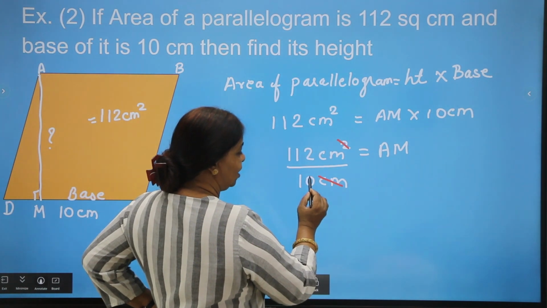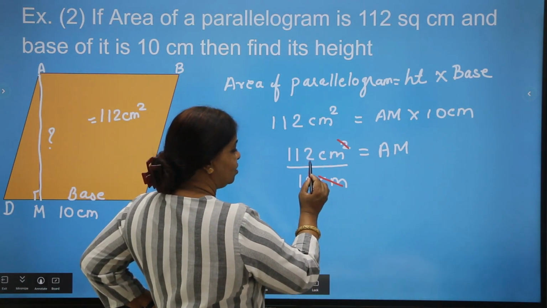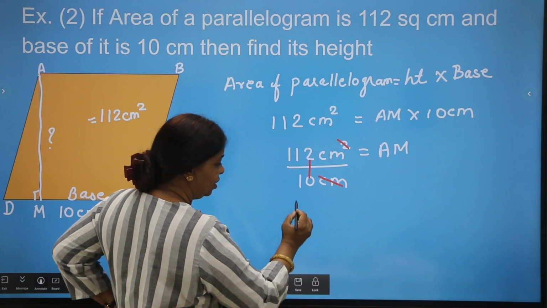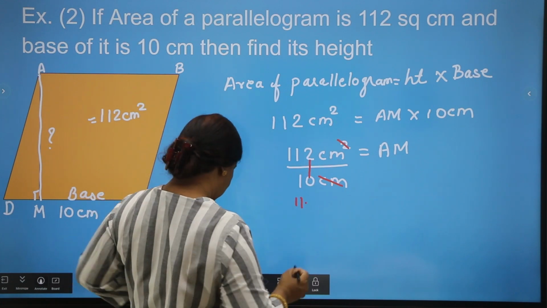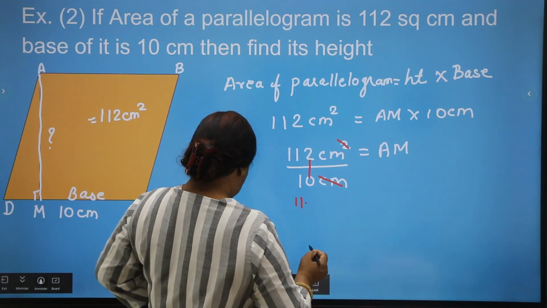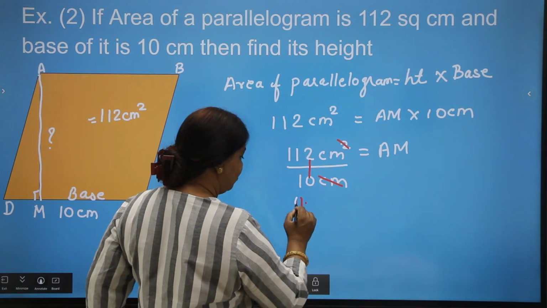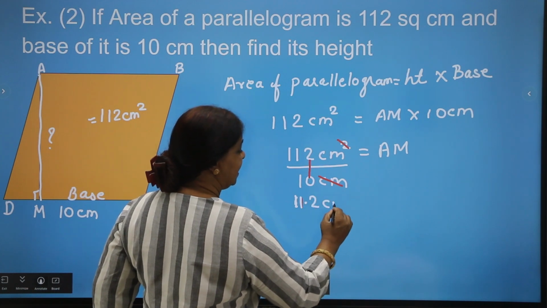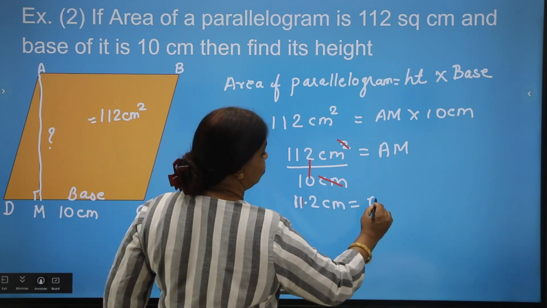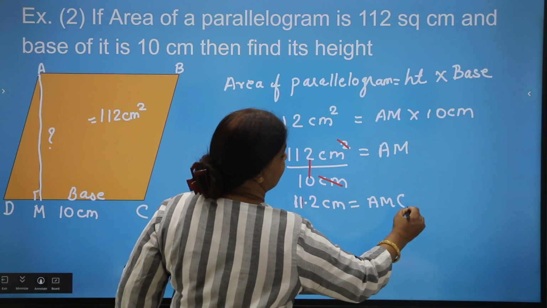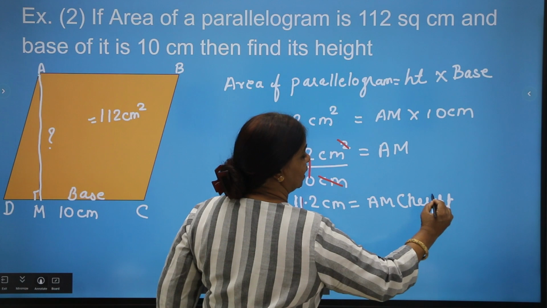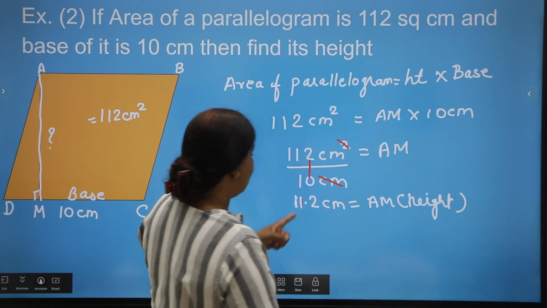You know, children, directly also you can do, and for this one you can put here point 11.2 centimeter, which is equal to height. Nothing but height of parallelogram.